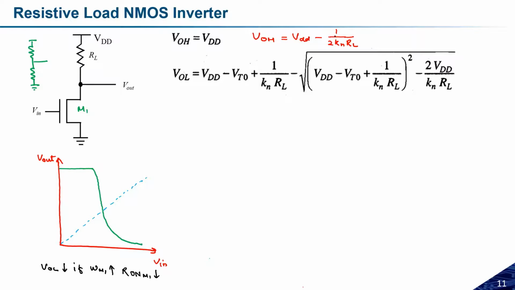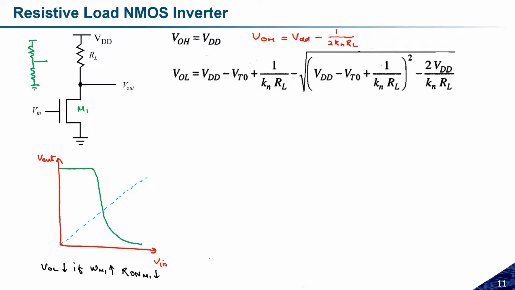This is the factor by which the VOH starts decreasing if the sizing increases. If RL is very high, this second part will be very small, and then the VOH will be close to VDD.